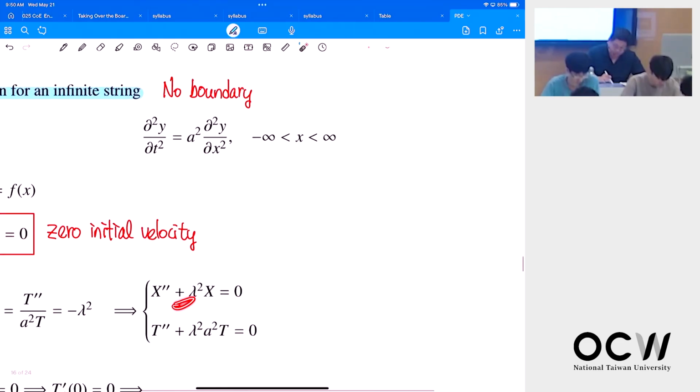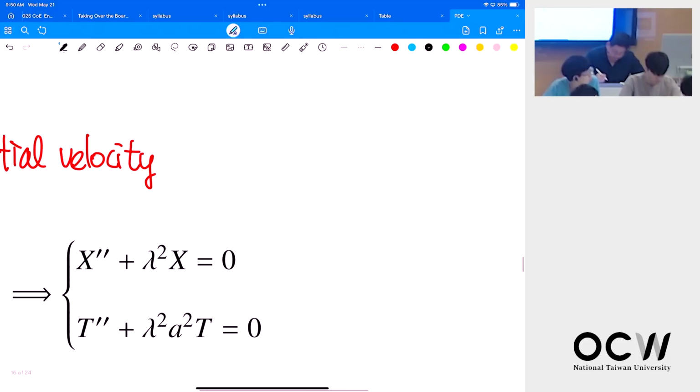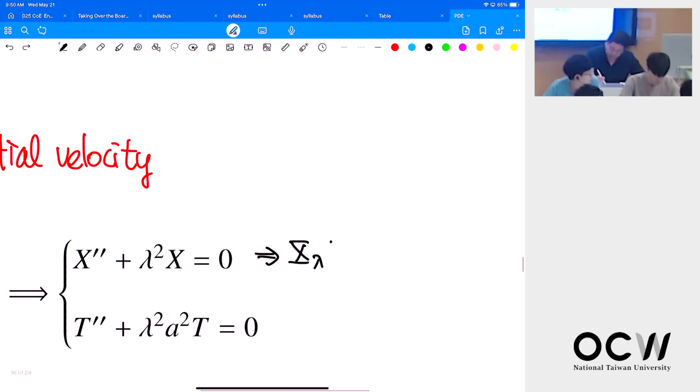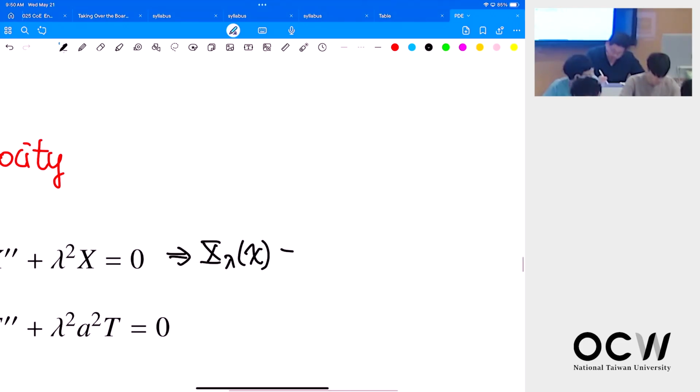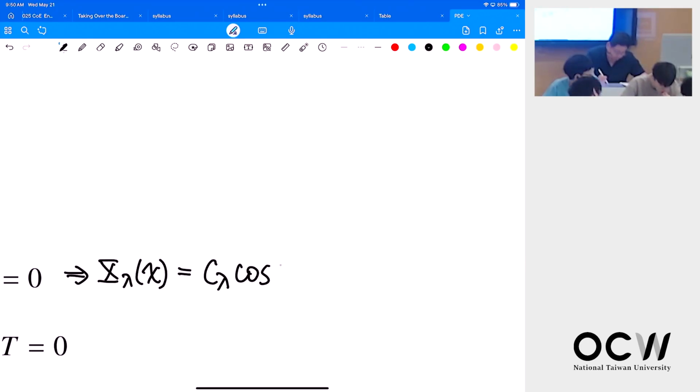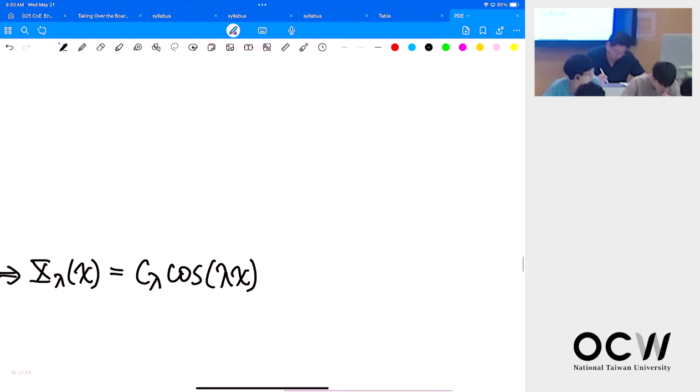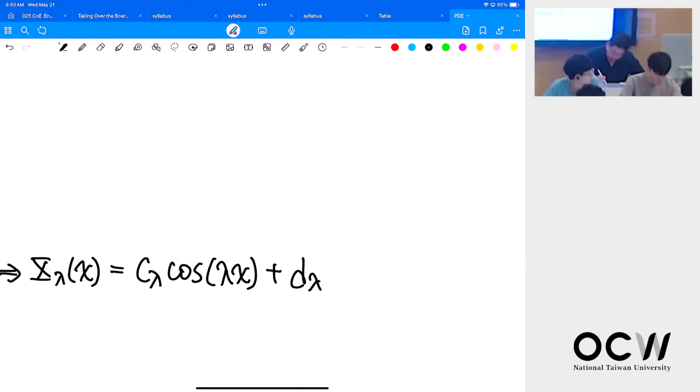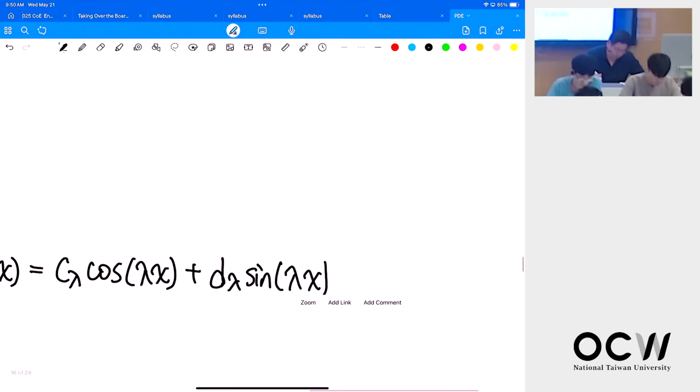And for these two, you will get X, which is the linear combination of sine and cosine function, and lambda is non-negative.